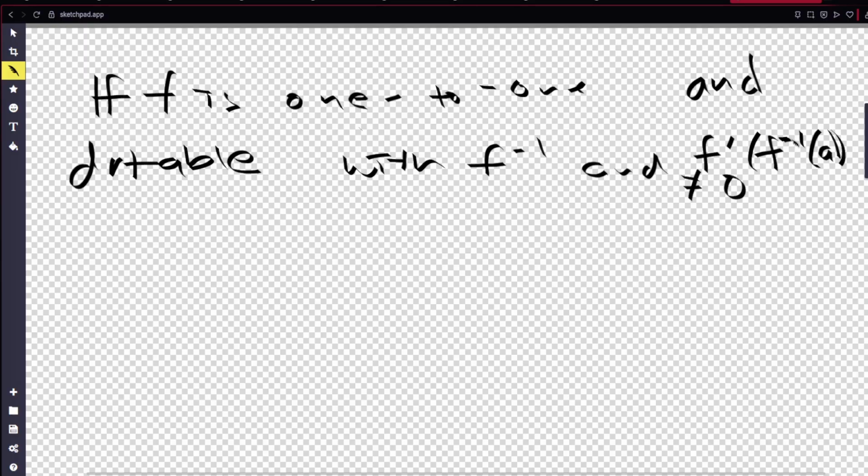So if the derivative of f negative 1 of a is equal to 0, then that means there are two y values. In other words, there are going to be two outputs produced here that will be the same thing, and that can't be possible because the domain and range are just swapped.